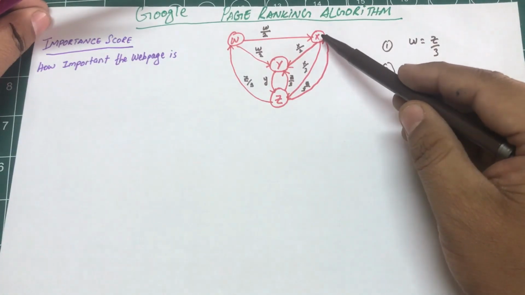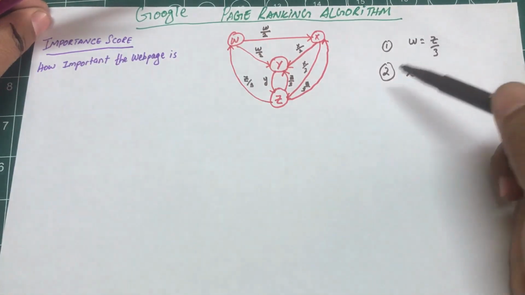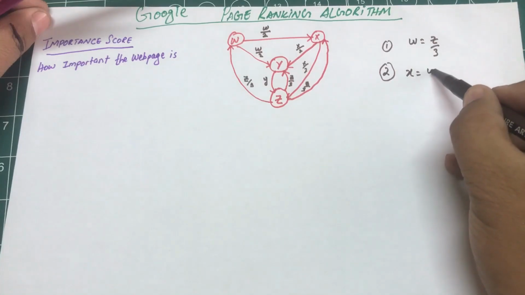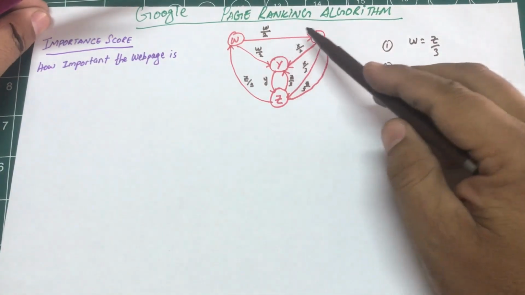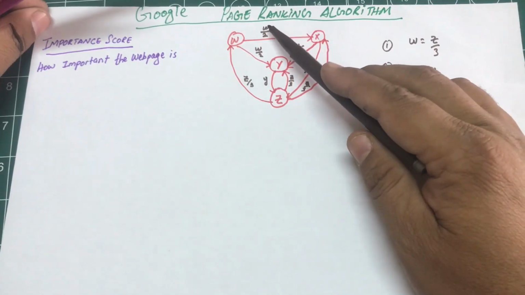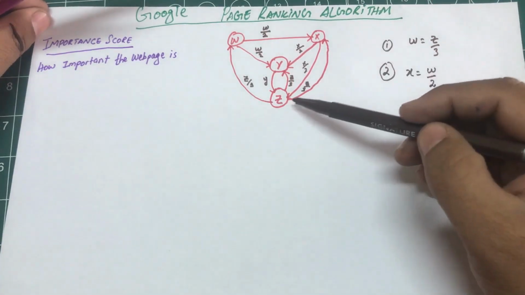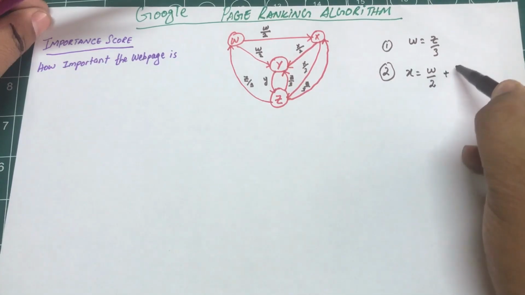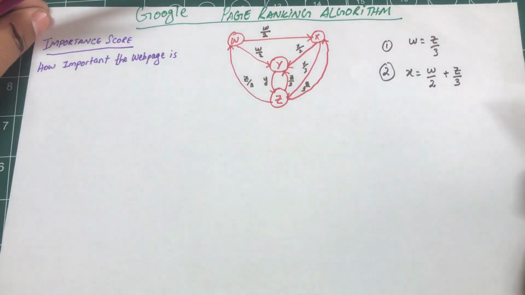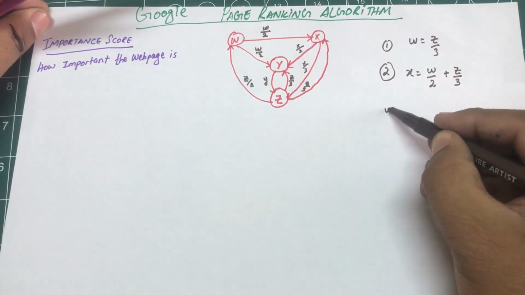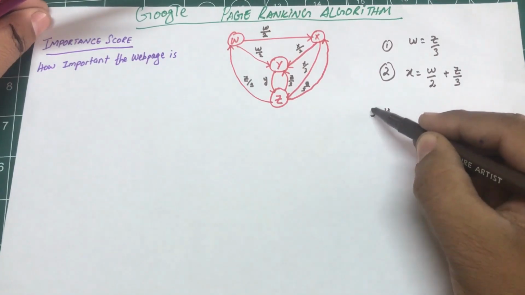For X, I have 2 links coming in. One is coming from W with respect to W over 2, and one link is coming from Z, plus Z over 3. All right, these are the 2 links which are coming in. Let's look at Y now, number 3.